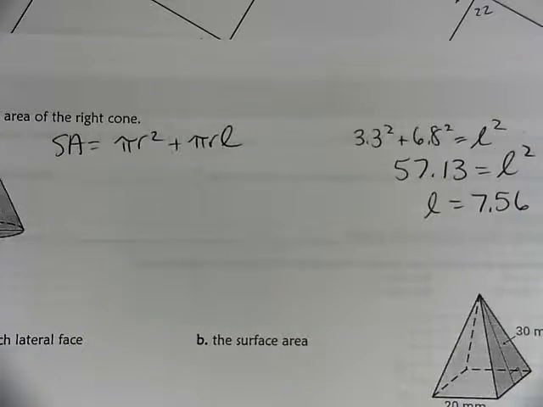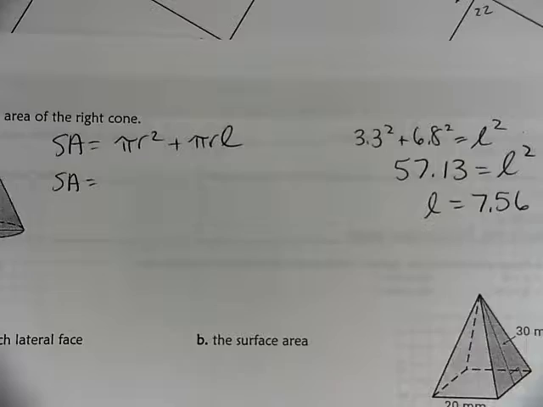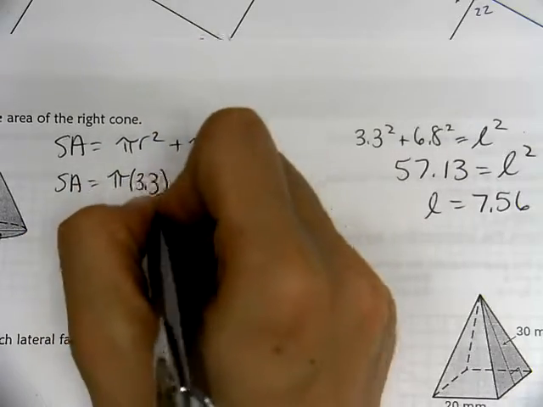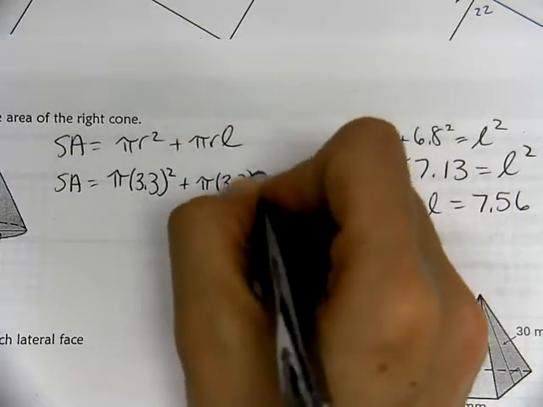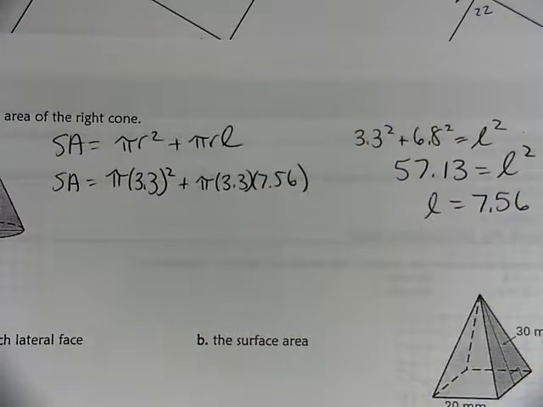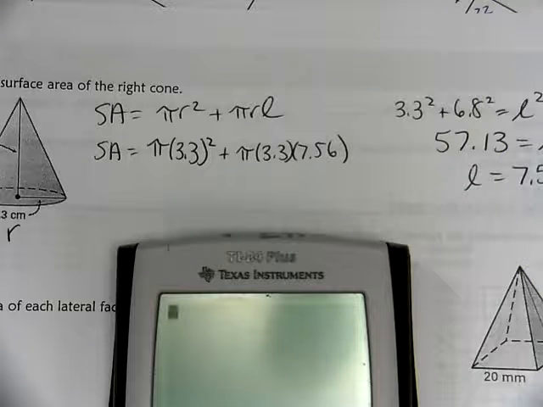So if you plug it in, now this one we're going to do decimal since there's already decimals in there. So pi 3.3 squared plus pi 3.3 times 7.56. So let's just plug it all in.